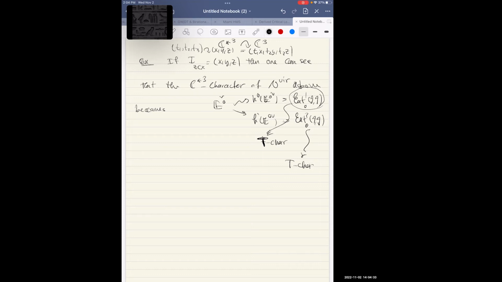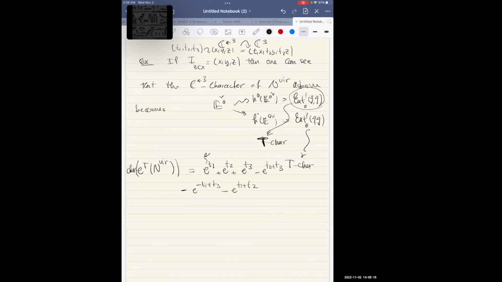And in a particular example where the ambient space is C cubed, and I'm calculating the character under the action of C star cubed, the equivariant character, the character of the Euler class of the virtual normal bundle actually becomes something like this: e to the T1 plus e to the T2 plus e to the T3 minus e to the T2 plus T3 minus e to the T1 plus T3 minus e to the T1 plus T2.